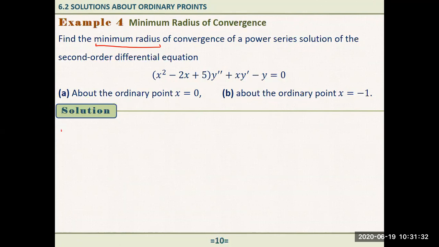So let's start with part A. As you see here, the leading coefficient a sub 2 of x is equal to x squared minus 2x plus 5, right? Now by the quadratic formula, we can find where this is equal to 0.